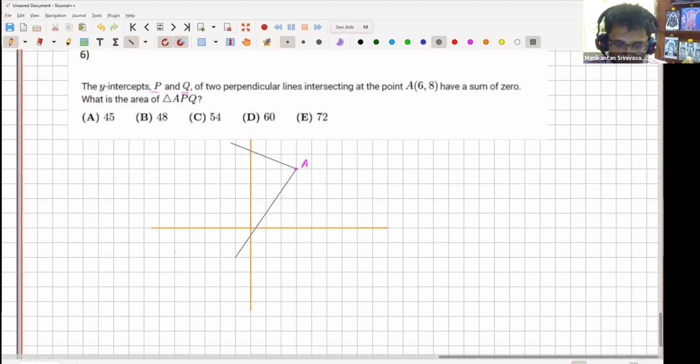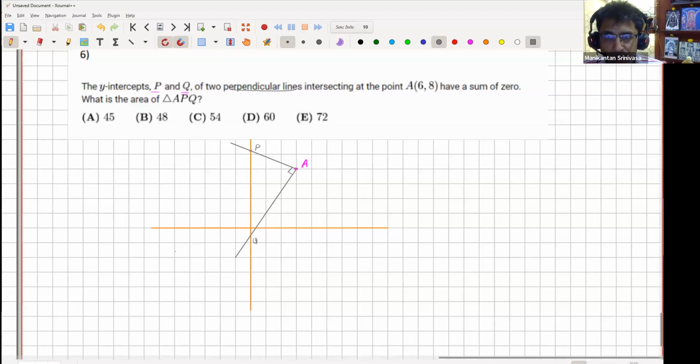This top point is P, this bottom point is Q. Can we assume that this makes a right angle triangle at point A? In fact, it does. It says 2 perpendicular lines intersecting at the point, so this is a right angle only. Okay, but the way I've drawn is intentionally not nice. Why?